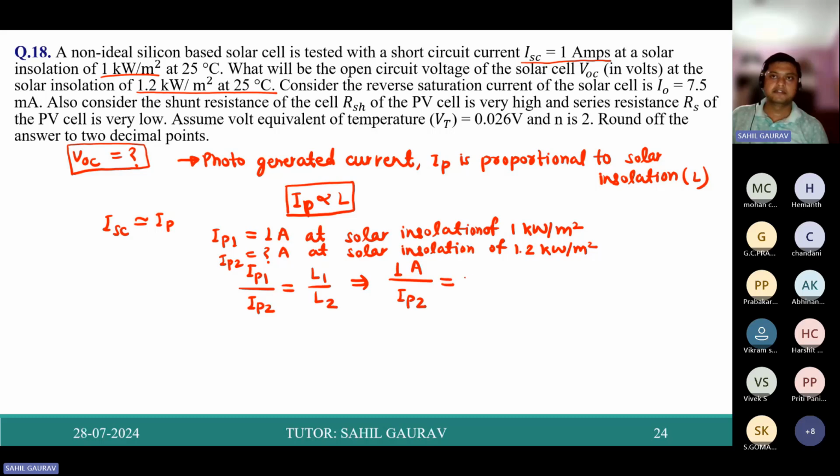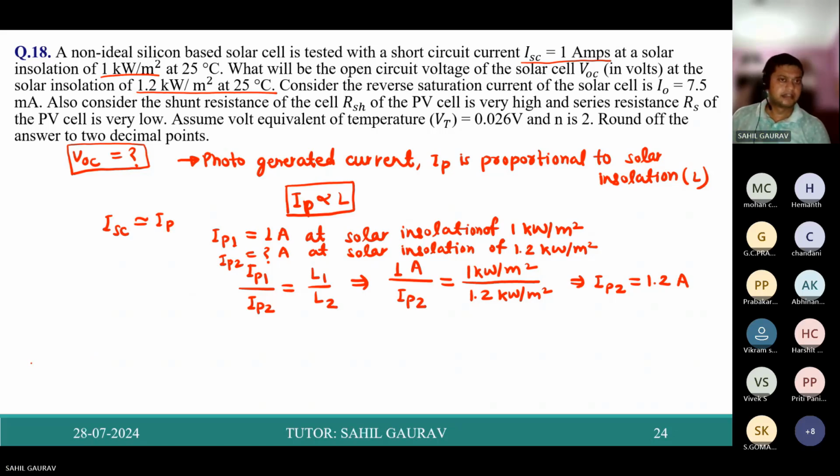L1 is given as 1 kilowatt per meter square and L2 as 1.2 kilowatt per meter square. So from here we get IP2 as 1.2 ampere.